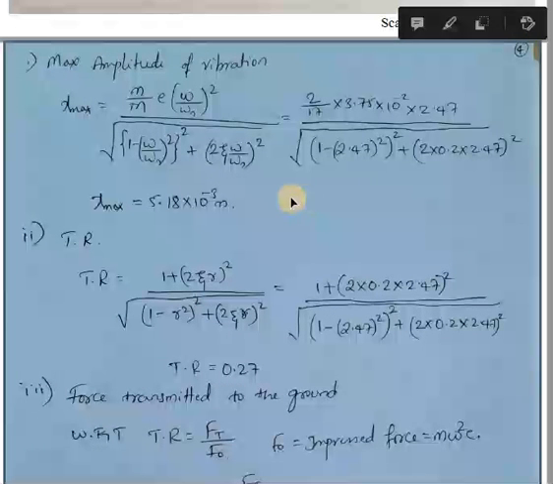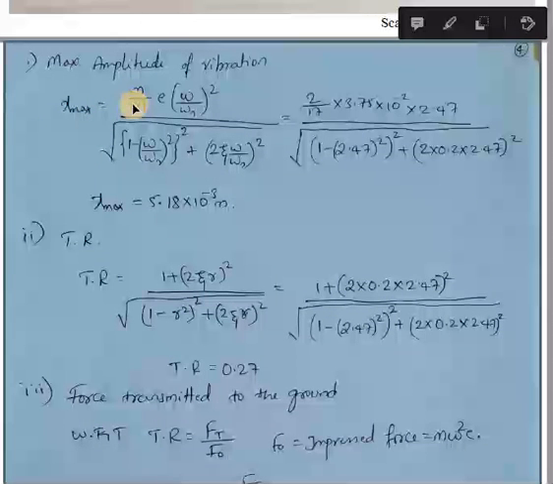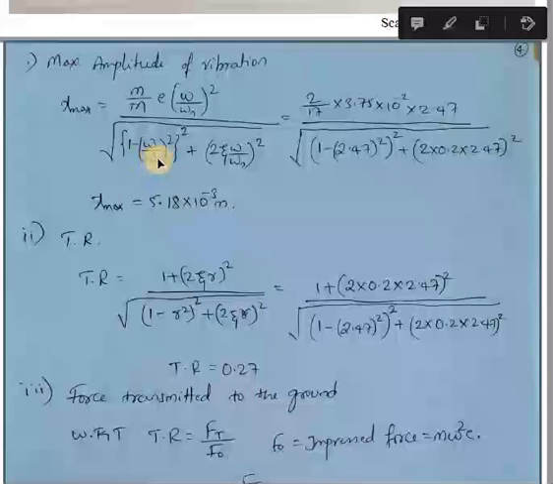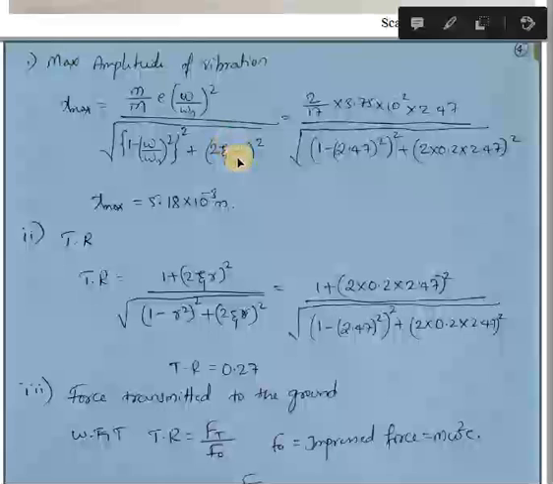So the first one is maximum amplitude of vibration, which is given by, for the reciprocating system, x max equal to m by M into E into (omega by omega n) whole square divided by root of (1 minus (omega by omega n) whole square) whole square plus (2 zeta into omega by omega n) whole square.